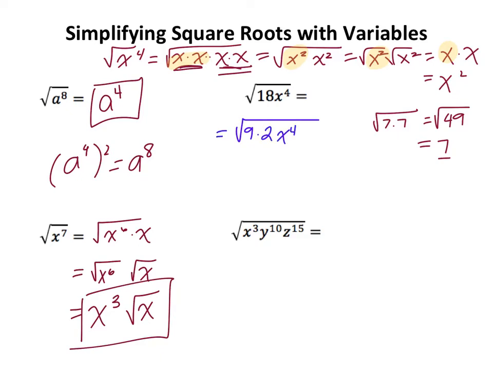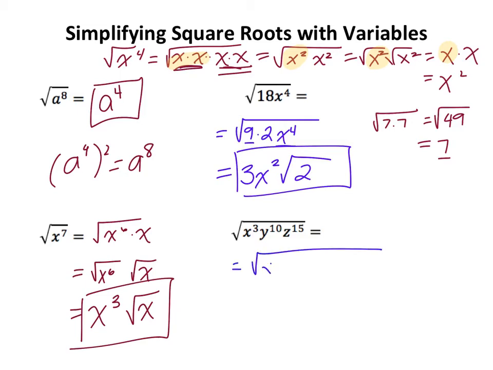I don't need to break that up because it's already an even exponent. Square root of 9, I know it's going to be 3. Square root of x to the 4th is going to be x squared. I do have this 2 that I cannot take out of the radical, so I'm going to leave it inside. I'm left with that.